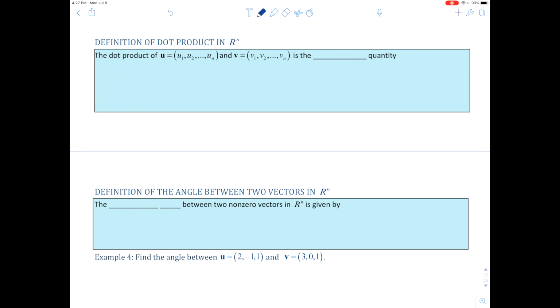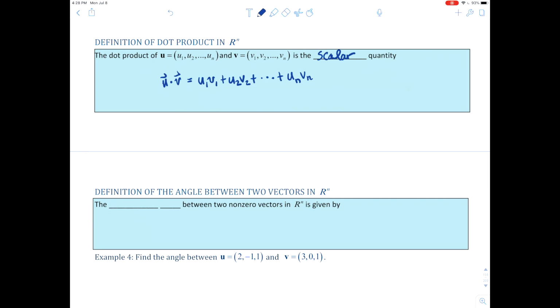So the dot product of u equal to u1, u2 down to un, and v equal to v1, v2 down to vn is the scalar quantity. So u dot v equals u1 v1 plus u2 v2, which is what we got in that numerator, plus dot dot dot, and you go all the way down to un times vn.